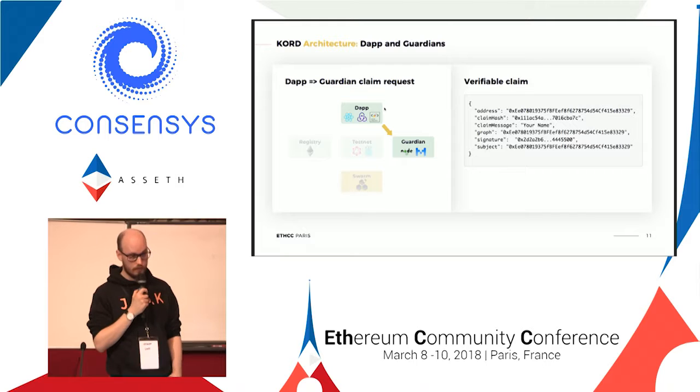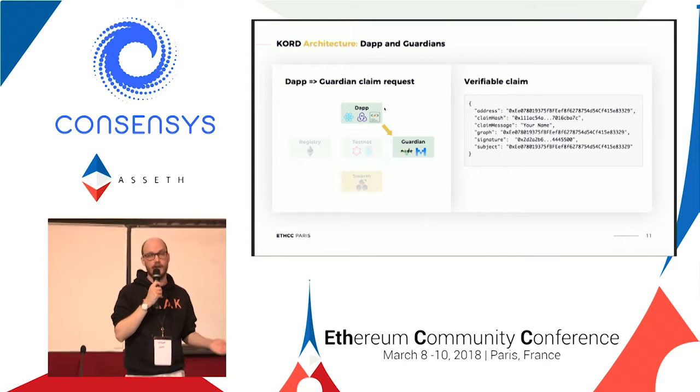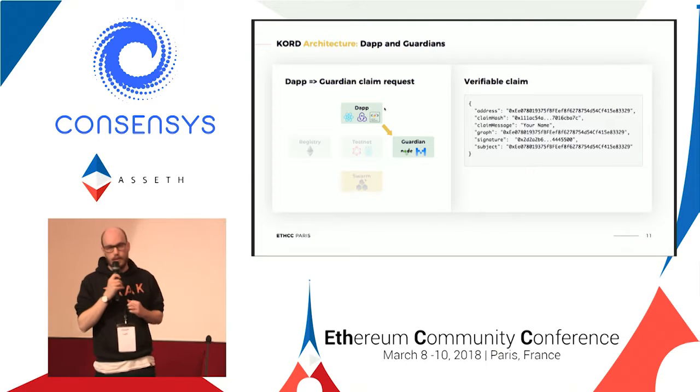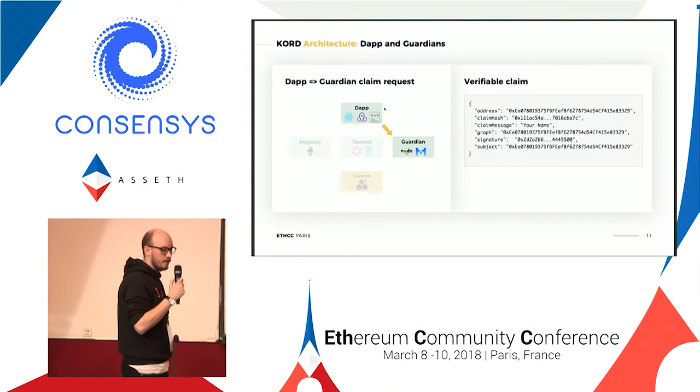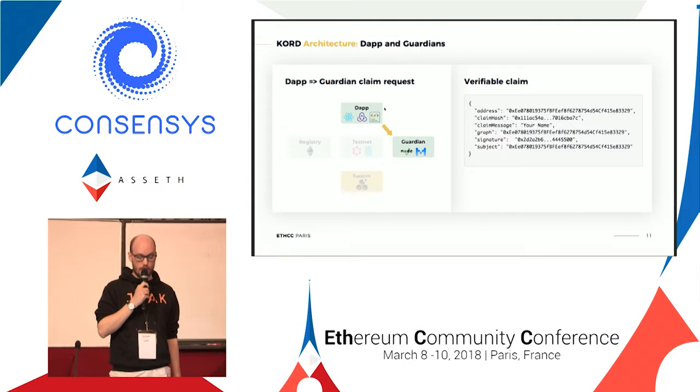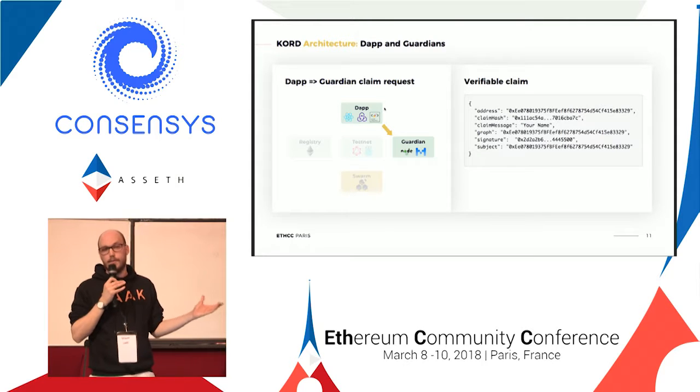And then the Chord Guardian will run some verification checks. Primarily, they'll check that the transaction has a valid signature, and they will also run any additional verification checks. And that's entirely up to the implementer, right?